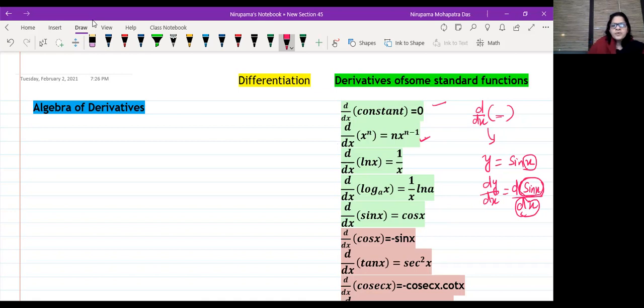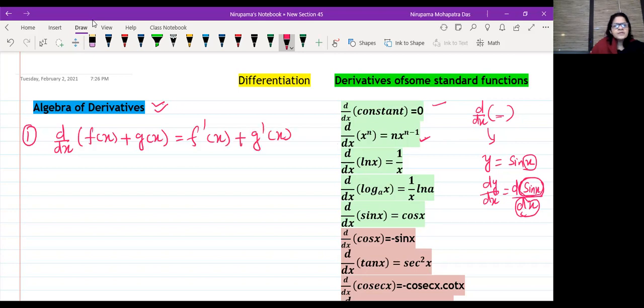Before we apply these formulas, let me tell you some algebra of derivatives. The first one, just like we already have studied algebra of limits, similarly, algebra of derivatives, in which we are going to study, d by dx of fx plus gx is equal to f dash x plus g dash x.